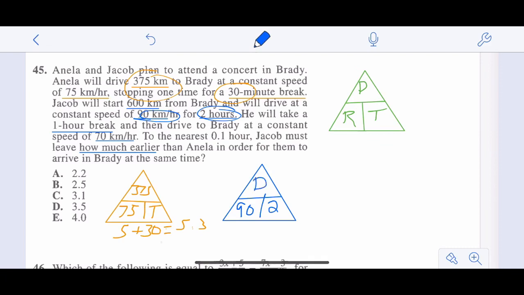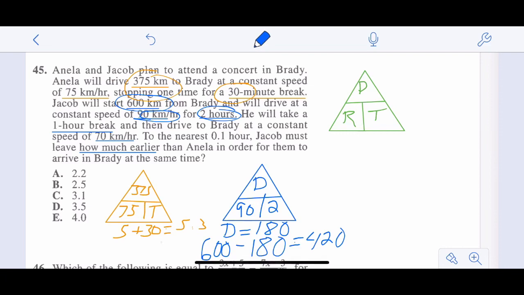That means his distance in that time was 180 kilometers. So in total, we have 600 kilometers as the distance from Brady. 600 minus 180 equals 420. That's how much he has left to go.